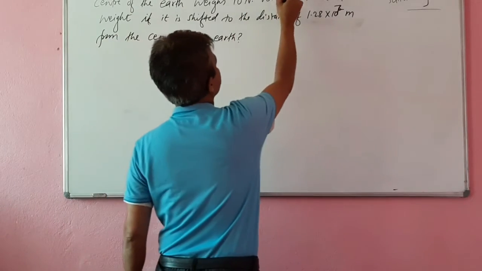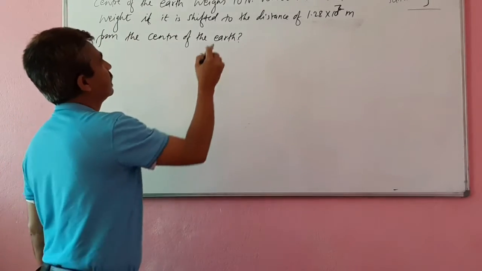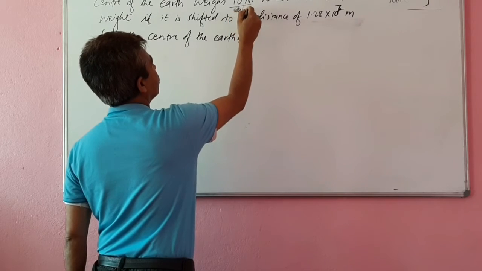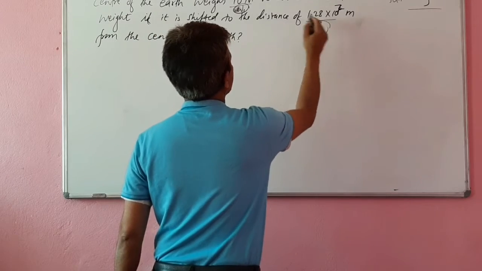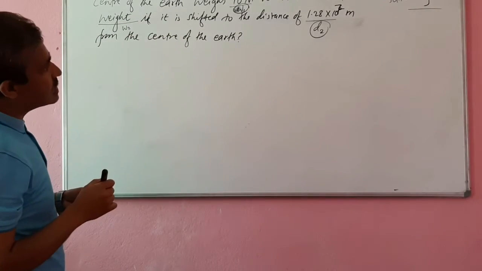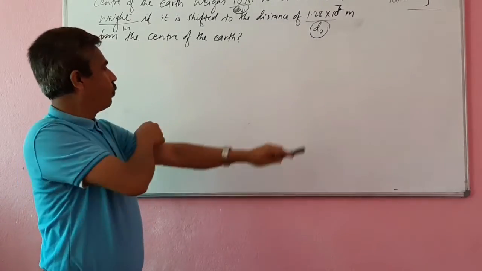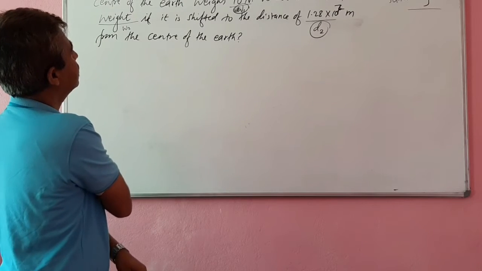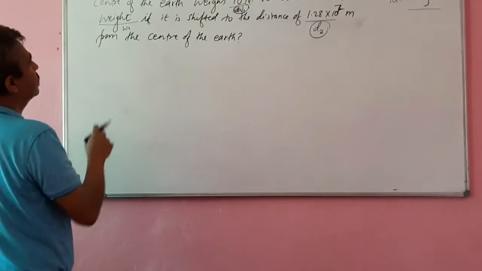So this 6.4 times 10 to the power 6 was distance D1, and this is W1, the first weight. The next one is D2. What to find out here? W2. D1 is given 6.4 times 10 to the power 6 meter. D2 is given 1.28 times 10 to the power 7 meter. W1 is given 10 Newton, W2 we have to find out.